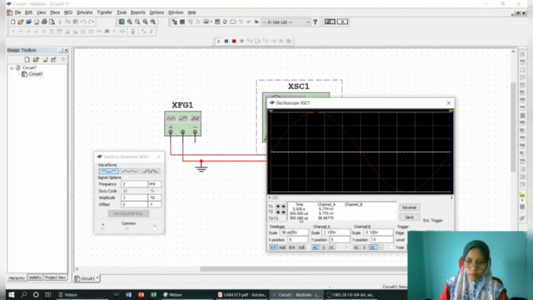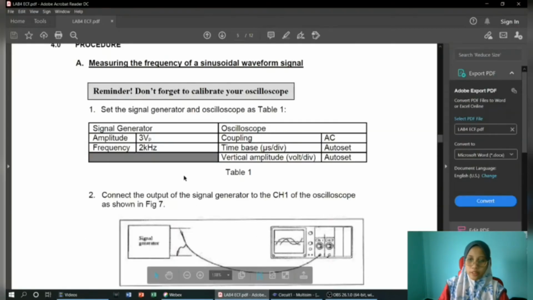And now we get the period for this waveform is 500 milliseconds. The distance is based on these boxes: 1, 2, 3, 4, 5, 6, 7, 8, 9, 10. Now we can fill this table.